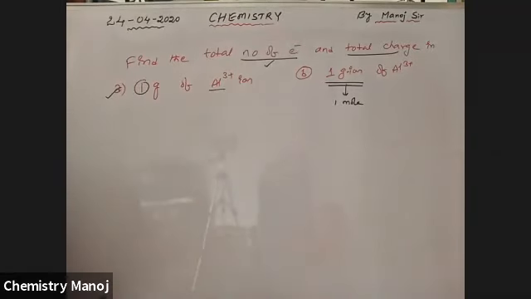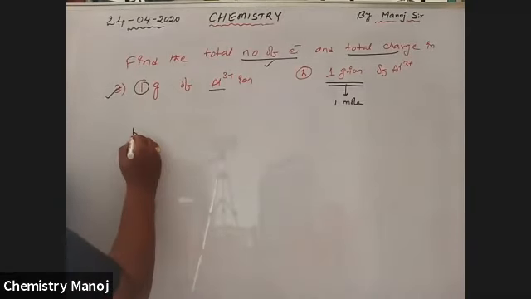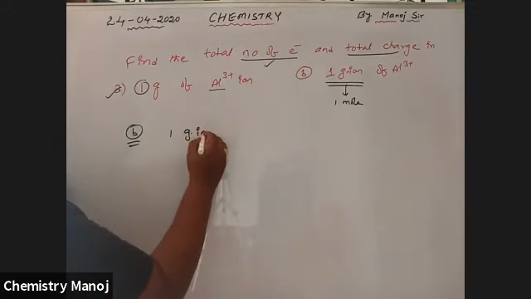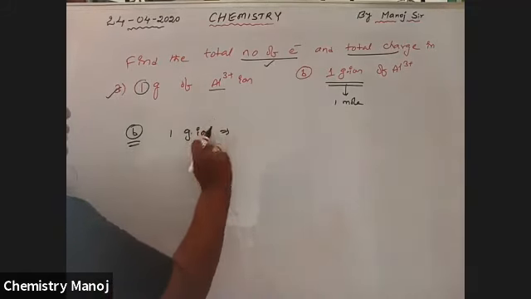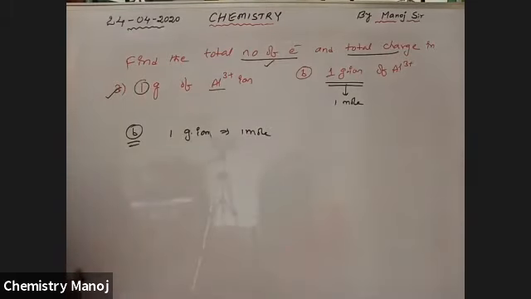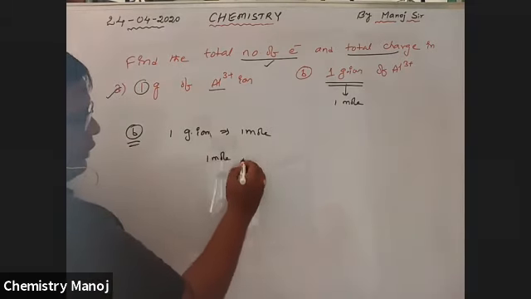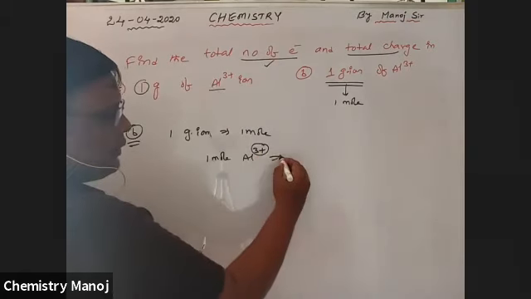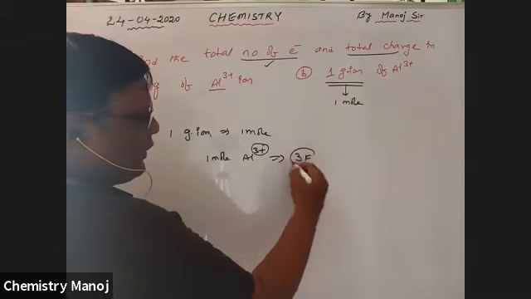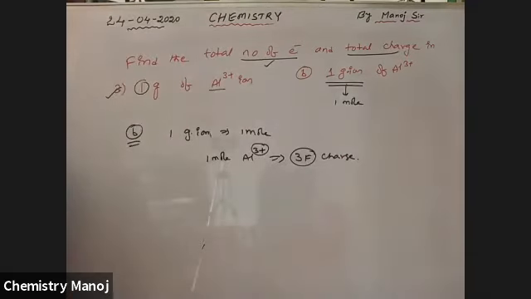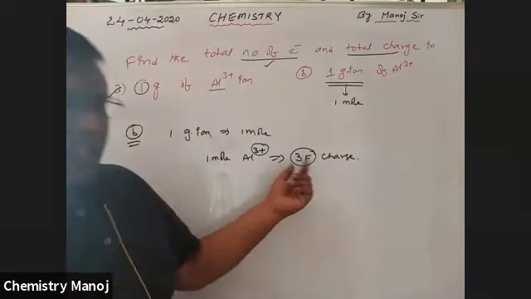So now I am going to explain part B. 1 mole Al3+ means +3, that is 3 Faraday charge, because 3 moles of electrons are lost, and 3 moles of electrons is equal to 3 Faraday charge.